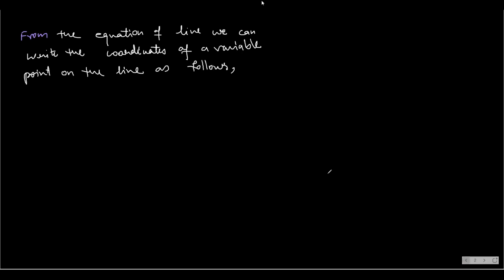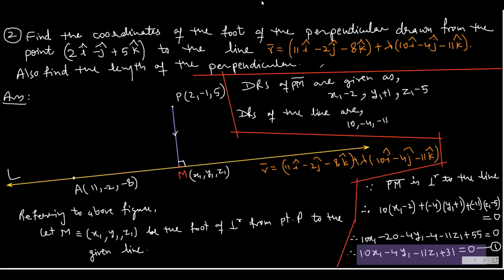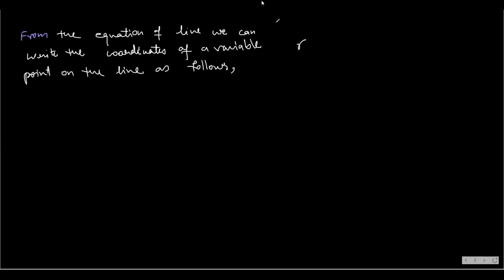See how we will write. The given equation of the line is r bar equals the position vector of the point plus lambda times the DRs of the line. So it is 11 i cap minus 2 j cap minus 8 k cap, plus lambda times 10 i cap minus 4 j cap minus 11 k cap.